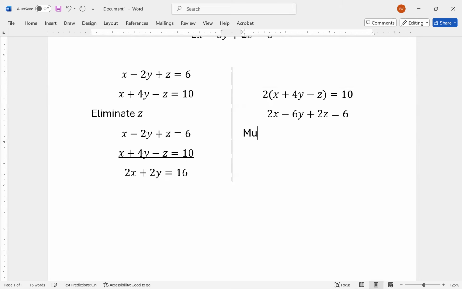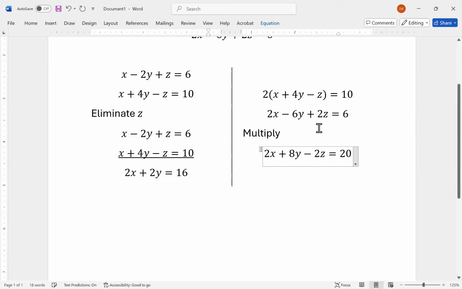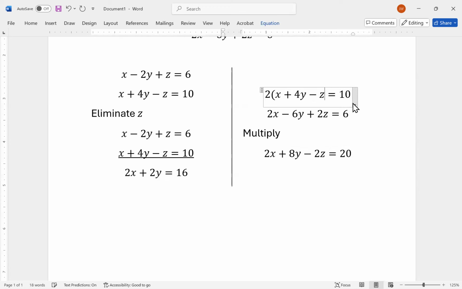Notice that when I multiply, that ends up getting me 2x plus 8y minus 2z is equal to 20. Excuse me, I put the parentheses around just the left-hand side. It needs to be around the entire equation.